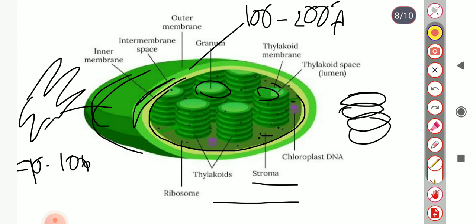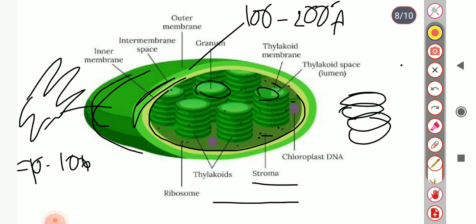The third function is consumption of carbon dioxide. Chloroplasts pick up carbon dioxide and use it in photosynthesis, and it keeps the percentage of gas balance in the atmosphere. The next function is the storage of starch.